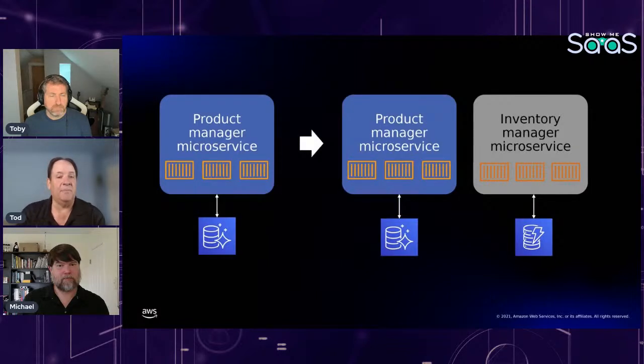Would that lead me to potentially break inventory out? Right now product manager has inventory all inside of it, and I could break it out because inventory has so much consumption on its own. There are all kinds of questions you could ask behind this use case, but the sentiment here was, once I've got this thing up and running, I can start to profile this activity.